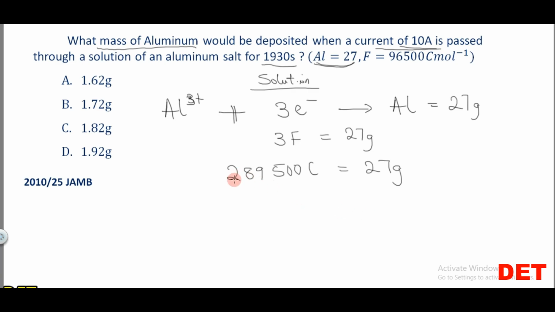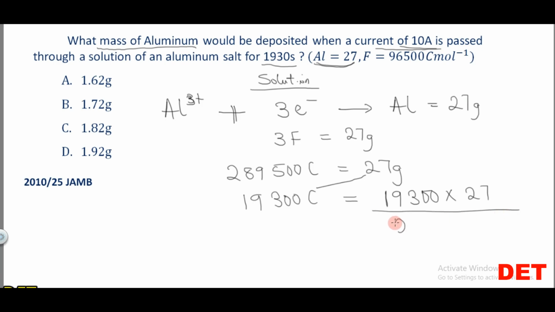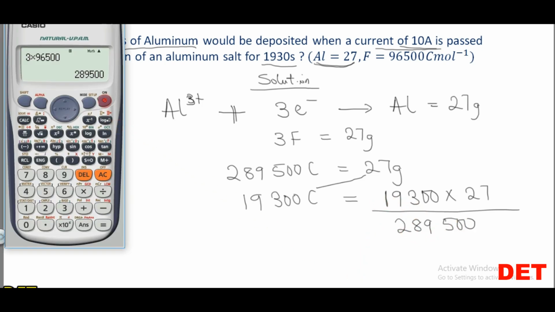So if 289,500 coulomb gives us 27 grams of aluminum, then 19,300 coulomb would give us 19,300 times 27 divided by 289,500.